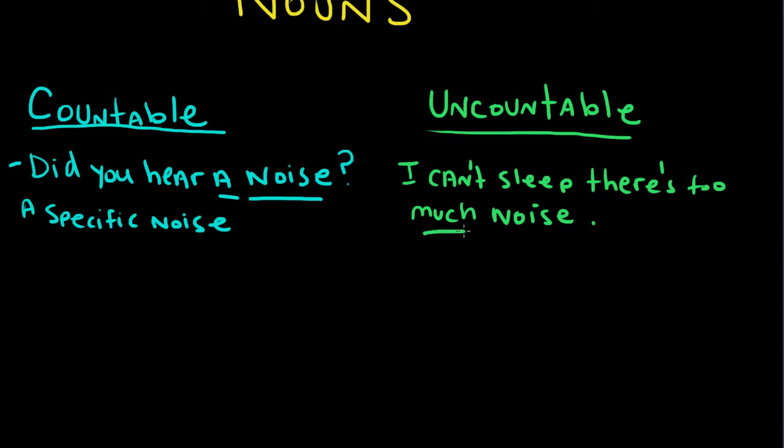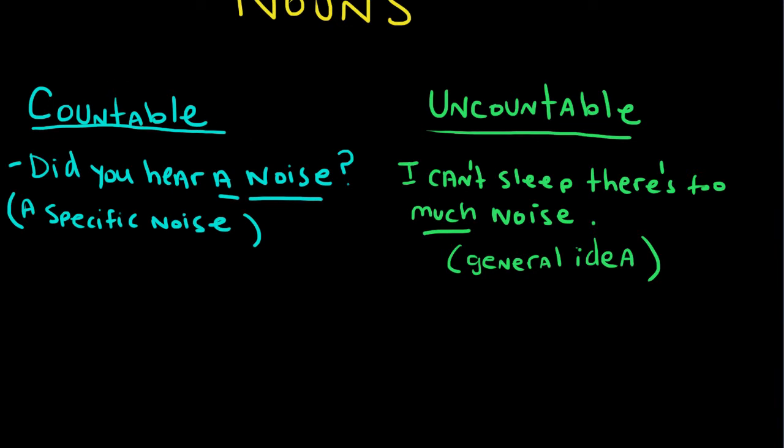Here, we just put much in front of noise because here, noise is used as a general idea. It's not a specific noise, it's a general idea of noise in general. And here, we used it as a specific noise. So that's why it was countable here and uncountable in the other example.